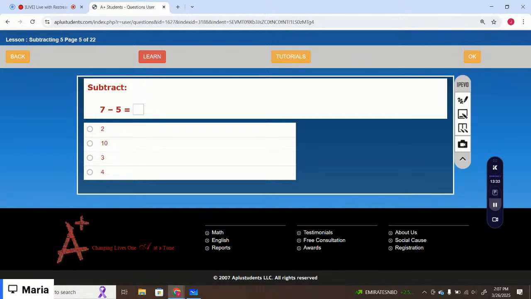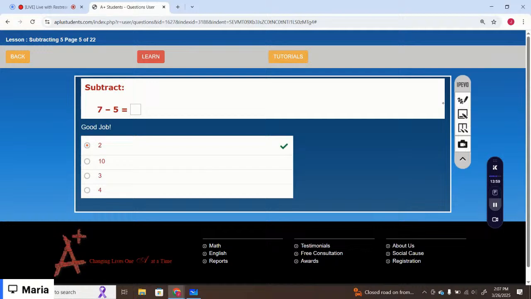7 take away 5. Option number 1 is the correct option. 7 take away 5 is 2.